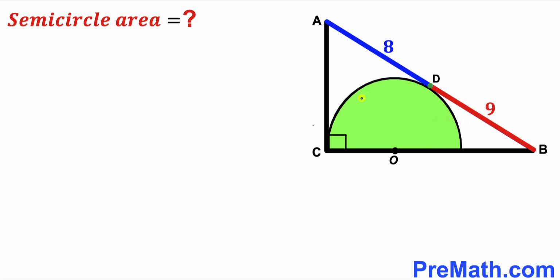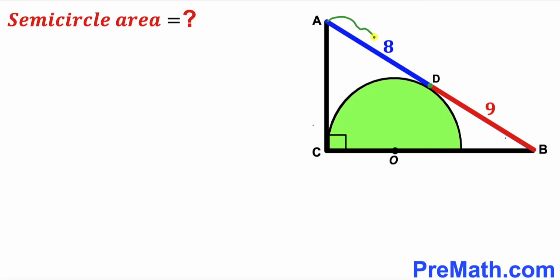Welcome to PreMath. In this video, we have this green semicircle with the center O, fully inscribed in a right triangle ABC, as you can see in the given diagram, such that the point D is the point of tangency, and moreover this hypotenuse AB consists of two segments.